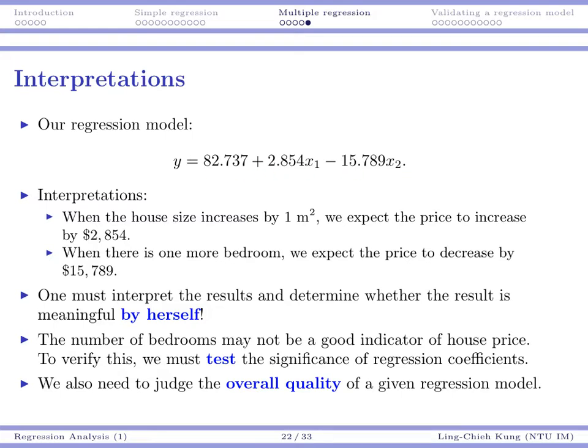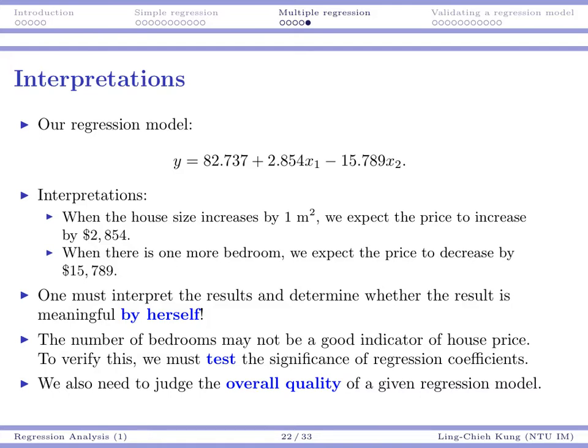Again, whenever we get the outcome, we need to try to interpret it. And here let's try to do that. Now we see that whenever the house size increases by 1 square meter, we expect the price to increase by around 2,800. This number is greater than 2,100, the coefficient when we only have one independent variable.